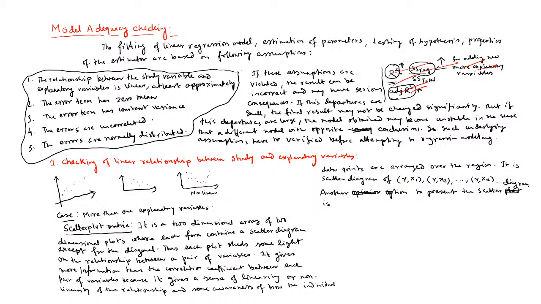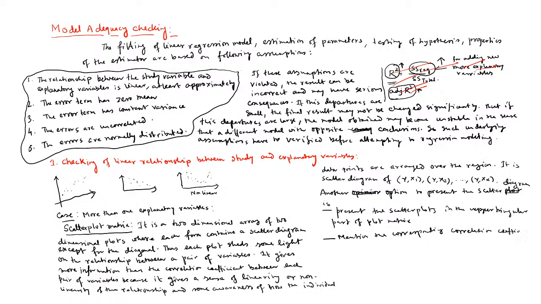A scatter diagram presents the scatter plot in the upper triangular part of the plot matrix, and mentions the corresponding correlation coefficient in the lower triangular part.